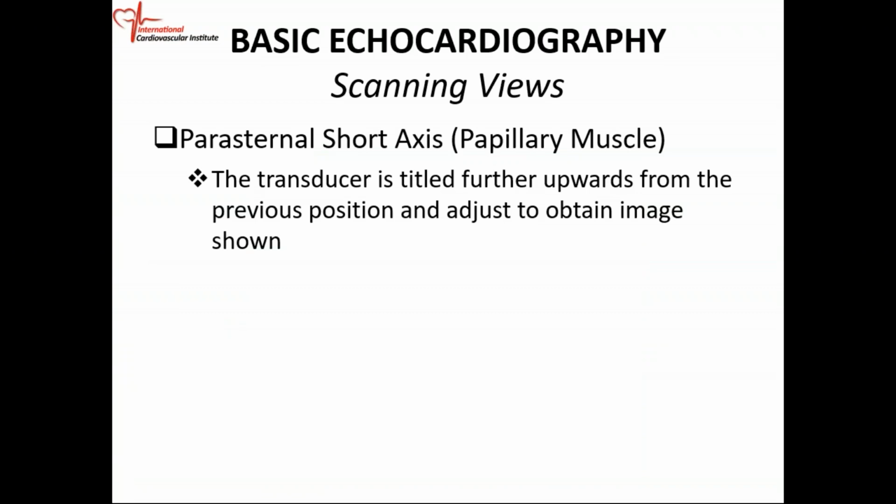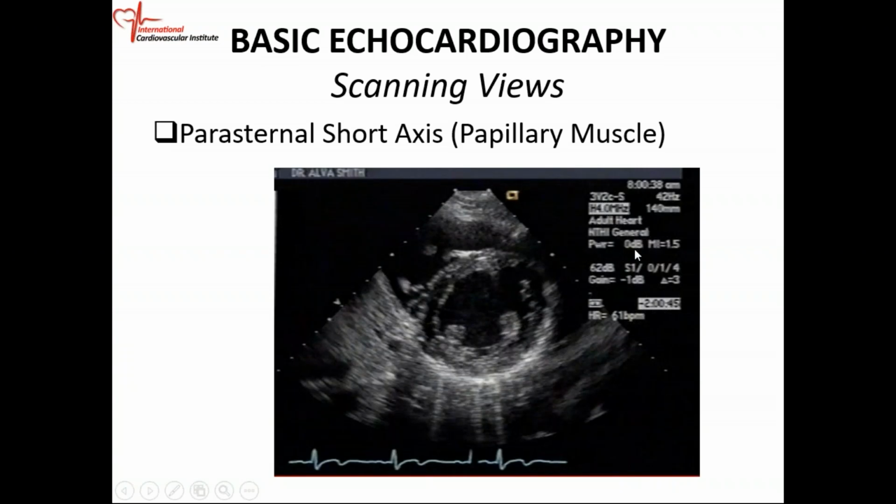Now, in order to get short axis at the papillary muscle, you have to move the angle of the transducer even more upwards. So the transducer is tilted further upwards from the previous position, and you're going to adjust to obtain the image. Remember, you always have to adjust, because you're not going to get the exact image.